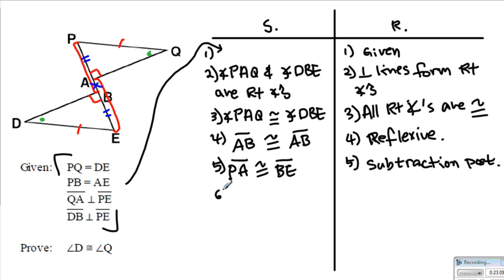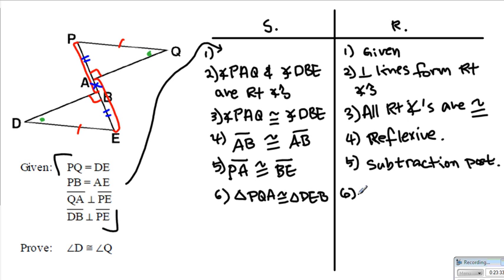Now, number six. Then, yes, we are ready to say triangle PQA and triangle DEB are congruent.